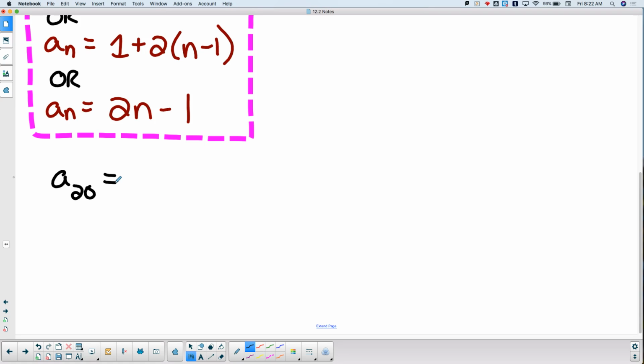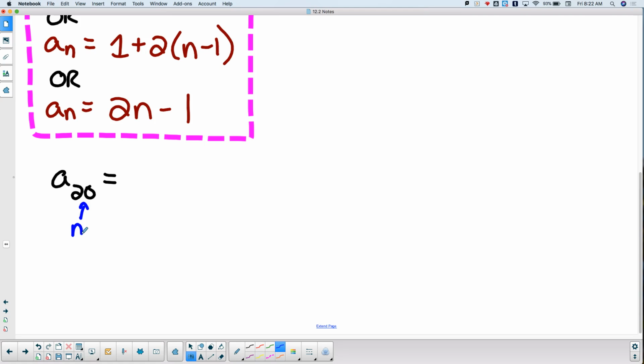So what that means is that this number here is n. It's my term number. I want to find the 20th term. I have the first 4 terms. I'm not going to keep going because that's going to be a lot of work to find the 20th term.